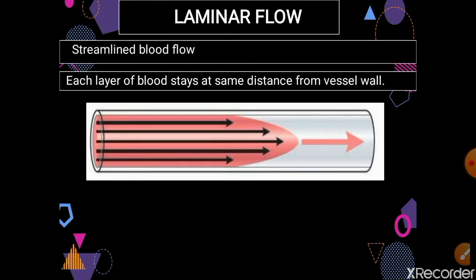In a well-organized and orderly traffic flow on a highway, all cars move in their lane. No car leaves its lane to enter another lane. In this way, an orderly and straight traffic flow is maintained. This is exactly what happens in laminar blood flow.